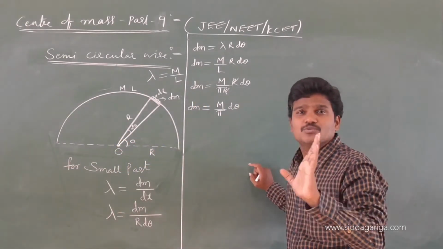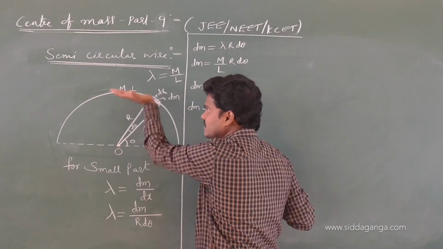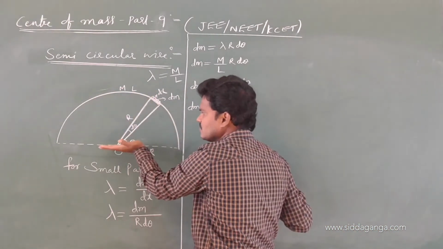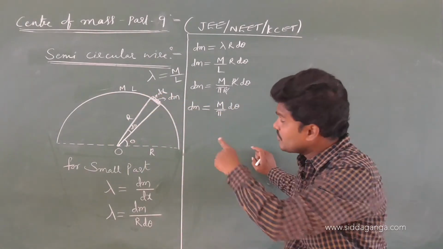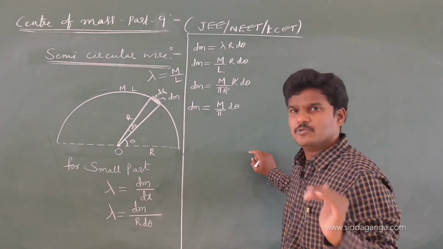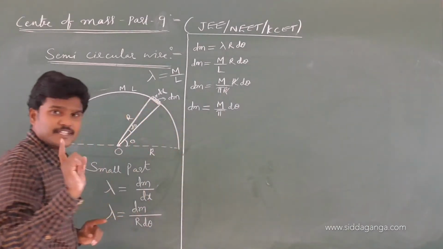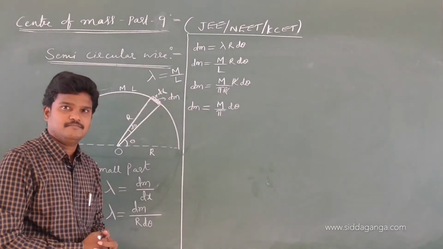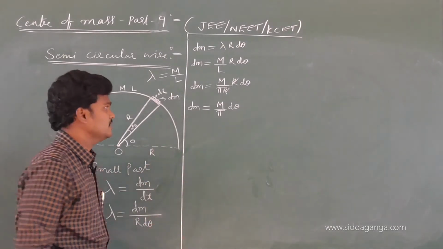Then there is no x coordinate of center of mass. Only the y coordinate varies, so the center of mass will be along the y axis. Y coordinate of center of mass is possible here, x coordinate is not. Don't worry, I will show you both. The target is to find xcm, ycm. But xcm is 0. Let us see whether xcm is 0 or not.